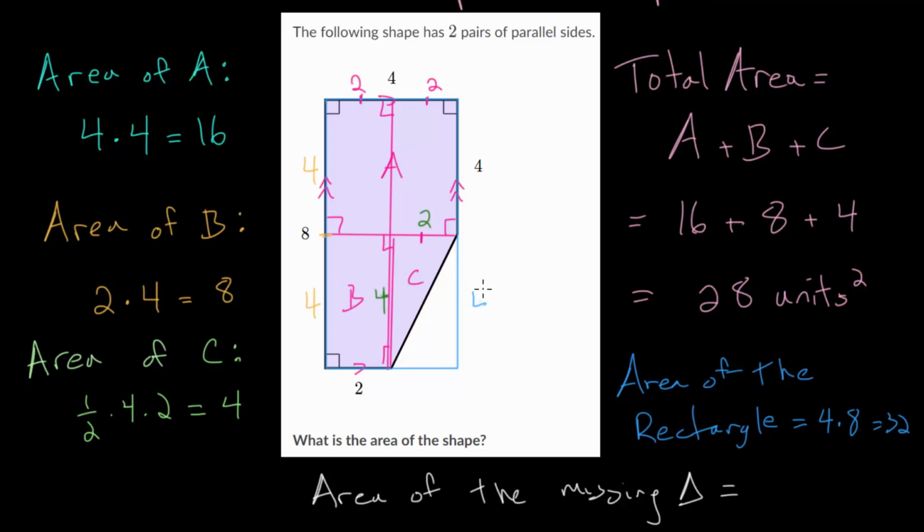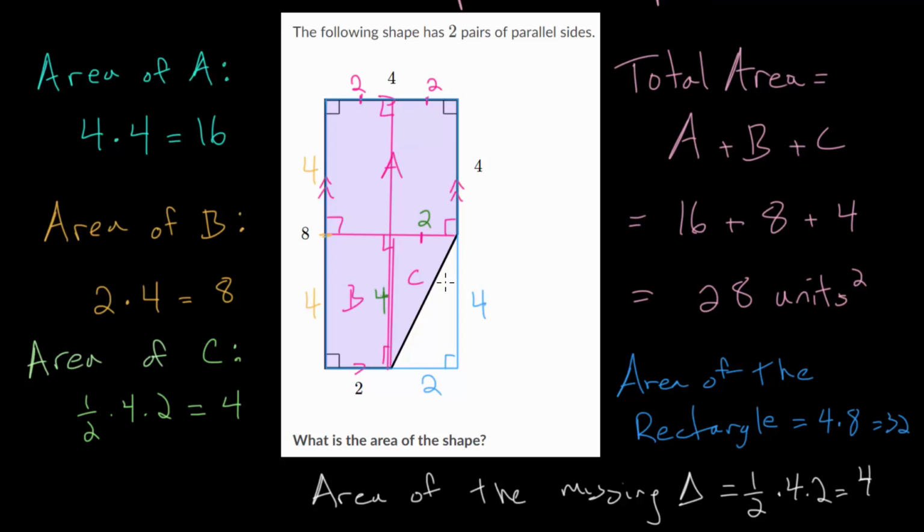And we know this is 4 since the total side length has to be 8 when we compare it to the opposite side. And we know this total length has to be 4 because of comparing it to the opposite side. So that means this has to be 2. And again, this will be at a right angle since this is a rectangle. So we get half the base, which we can call 4, multiplied by the height of 2. And half of 4 is 2, times 2 gives us 4.